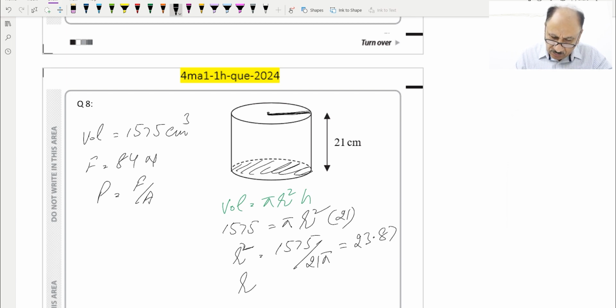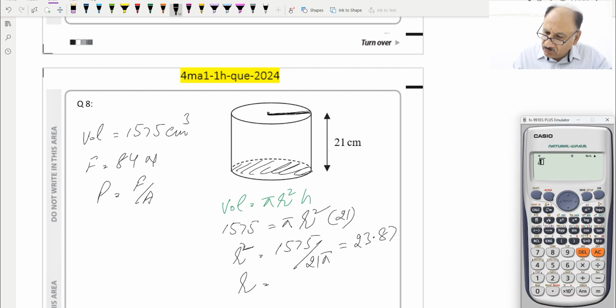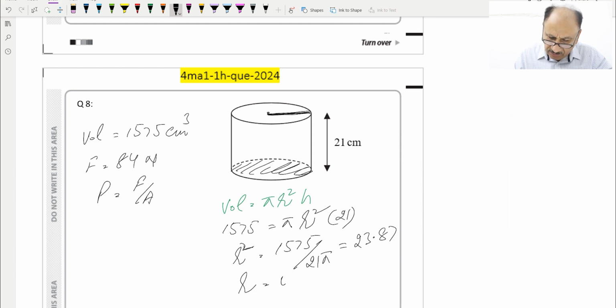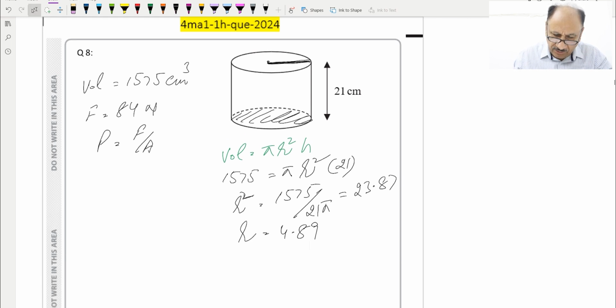This is r square, so r will be equal to the square root of this one, and the answer will give us 4.89, rounded. And then we can find the pressure.